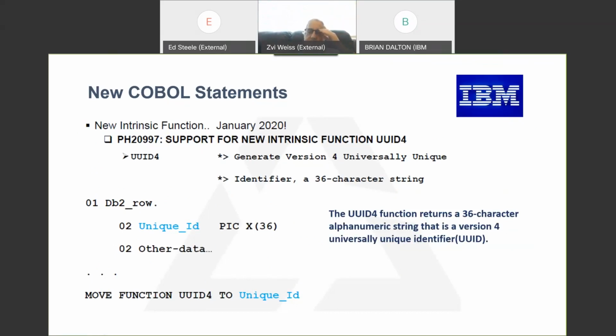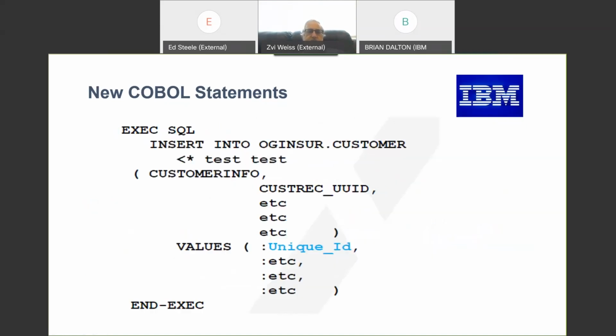Maybe you've got a program and you're spinning through the code and it's creating new rows in a DB2 table. So this is going to create you a new universal unique identifier. And here's an example of just that. Where you're doing the insert, you've used, as you saw in the previous foil, the UUID function to create the identifier, and now you're actually going to be able to insert it.